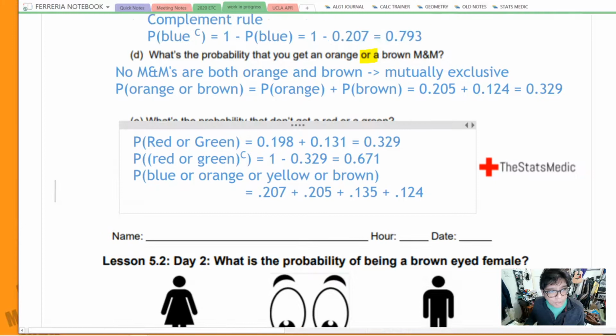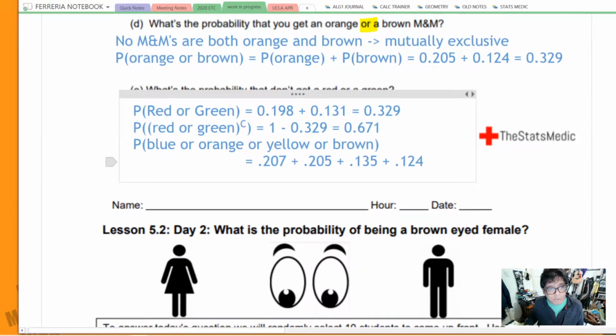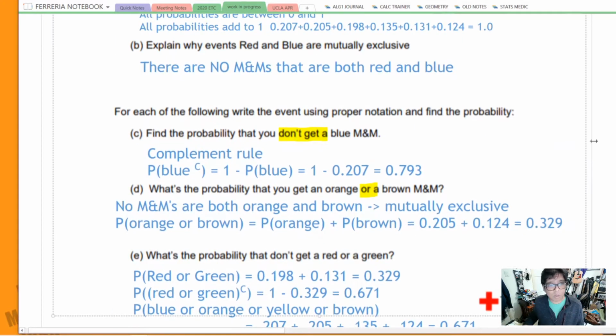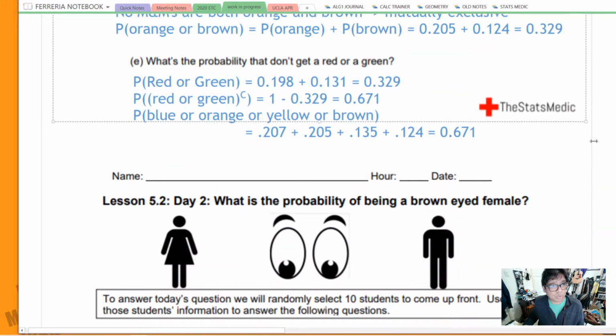And that's equivalent to 0.207 plus 0.205 plus 0.135 plus 0.124. And look at that, that's the same 0.671. So sometimes there is more than one way to figure out these probabilities. So that is it for today.